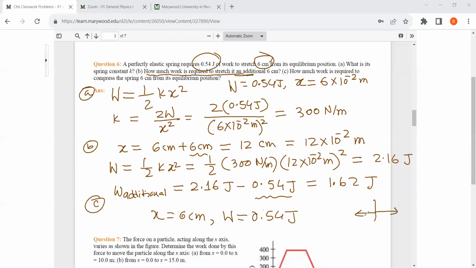In both cases we need the same amount of work done if the displacement is the same. So without calculating, you can say that the work done we need is 0.54 joule.